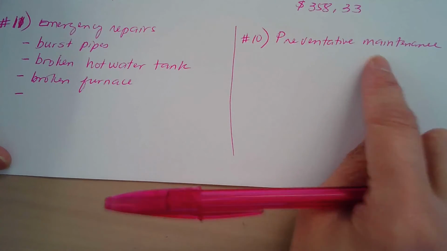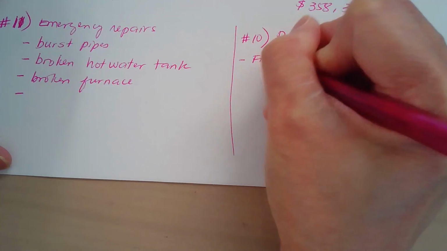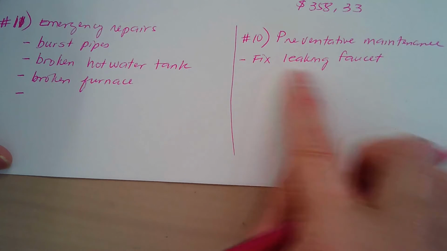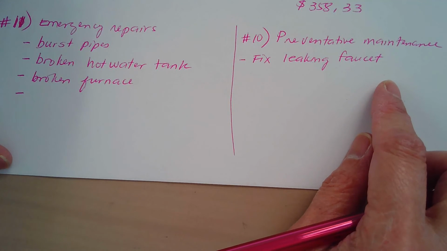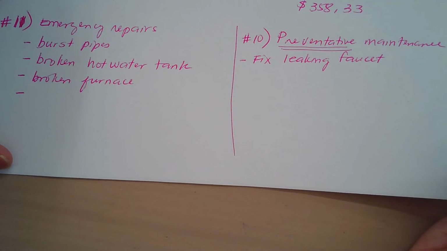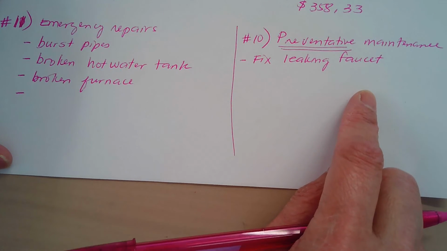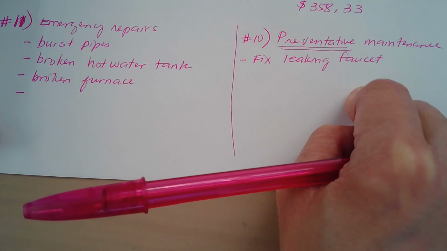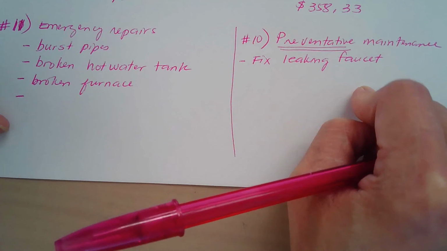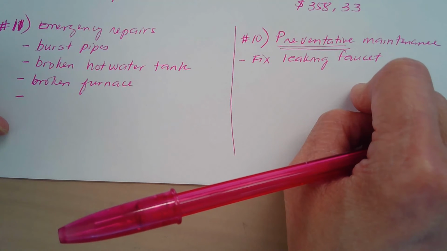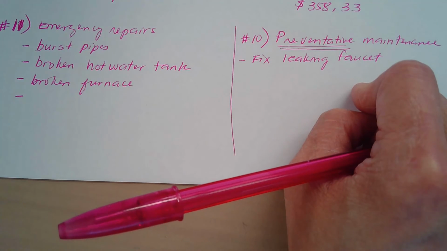Okay, so preventative maintenance: fix a leaking faucet, right? Preventative meaning you have to check. Check and fix a leaking faucet. It's not an emergency. If there's a little drip on your faucet, it's not going to be a big deal. You could do it next week. It's going to cost you money though, because of all the water wasted.